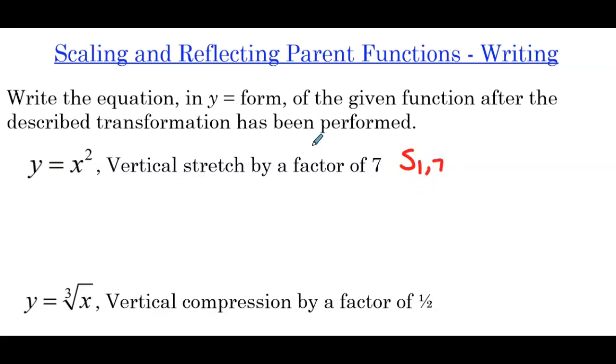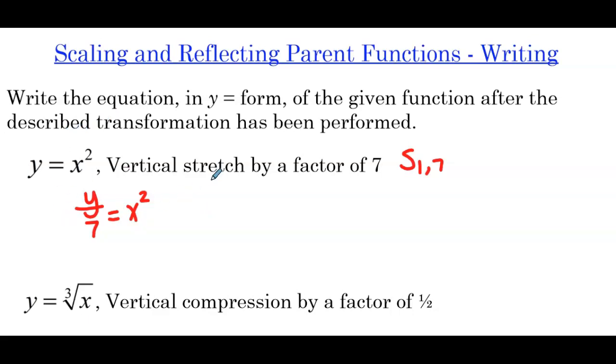Okay, so the vertical stretch means we're changing the y values. So in the equation of our parent function, if we're multiplying the y's by 7, that means we need to divide y by 7 in our equation. Remember, the equation always tells us how to go backwards, how to get from the graph we want to the parent function.